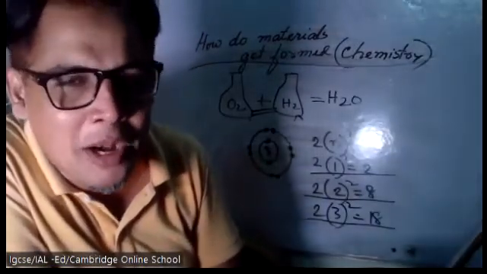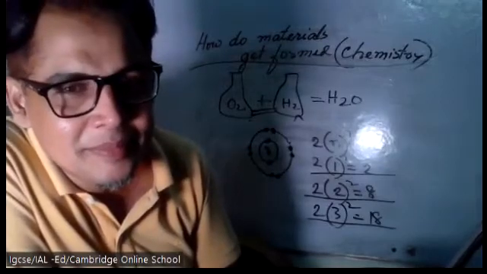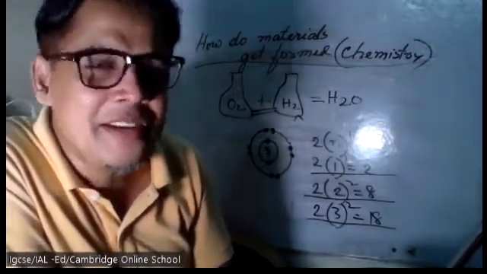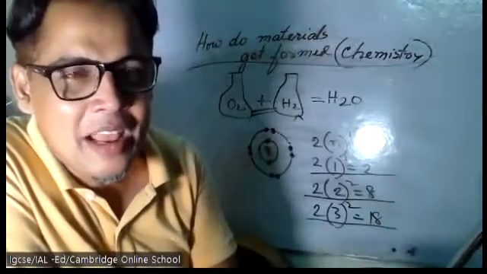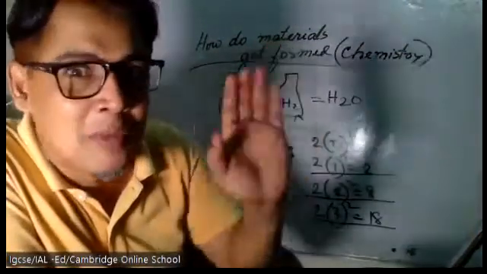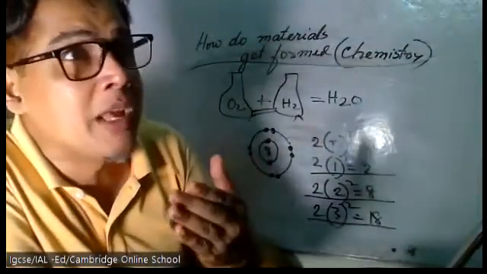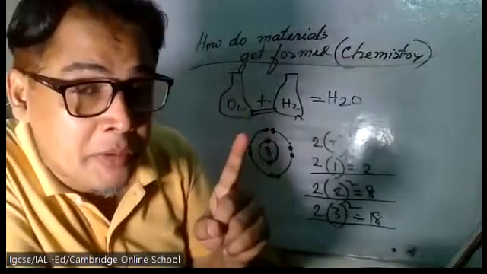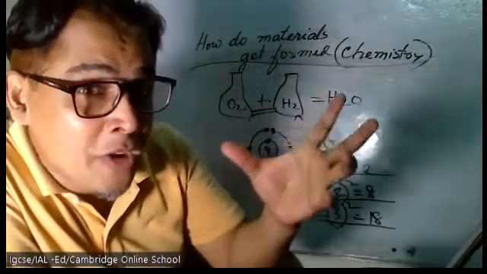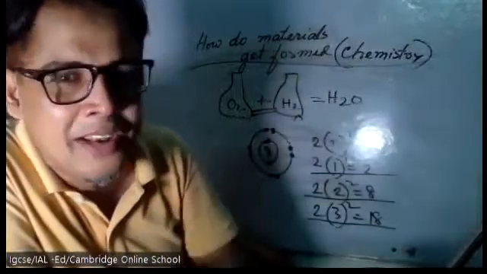How many atoms are there in this world, Baba? 118. Whatever you are watching with your normal eyes, all materials have originated from 118 atoms.